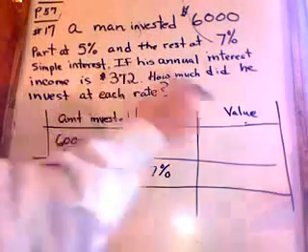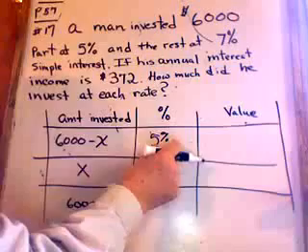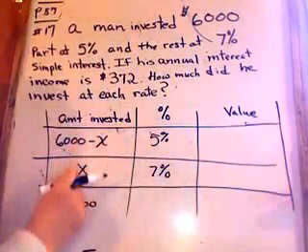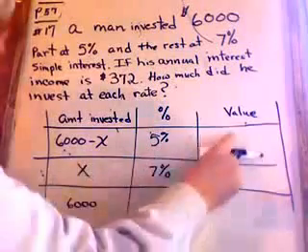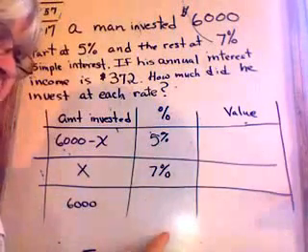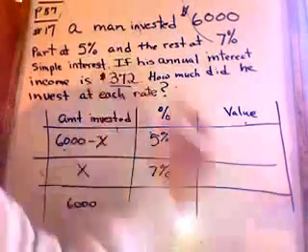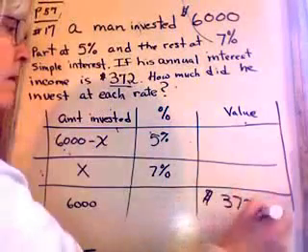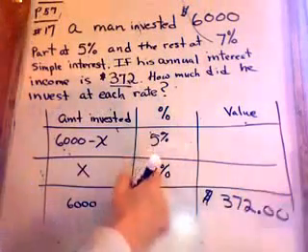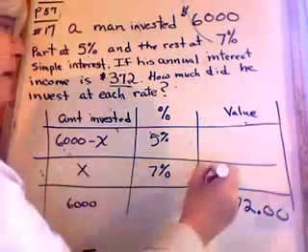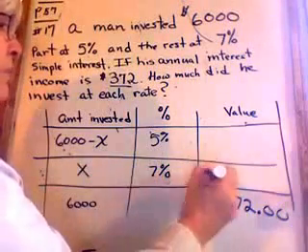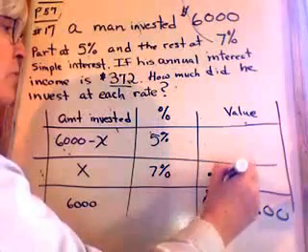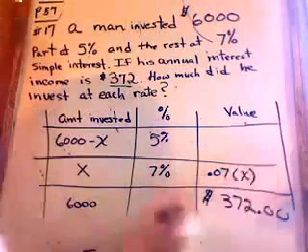Now, to get the value, I have to take 5% and multiply it times this, 7% and multiply it times this. And when I add up those two values, according to this problem, I should get $372. So let's think about that. If I multiply 7% times x, you remember when you multiply a percent, you have to change it to a decimal. So 0.07 times x.